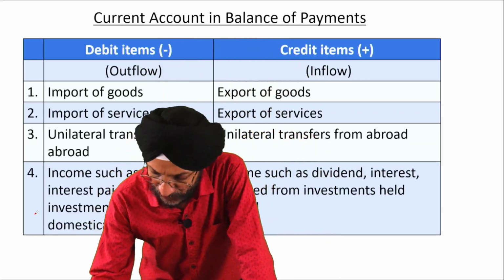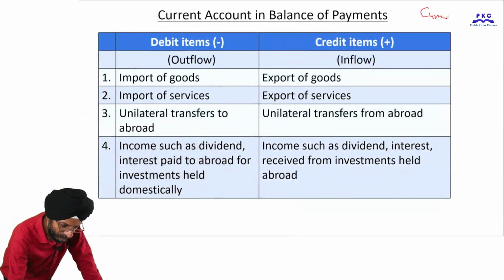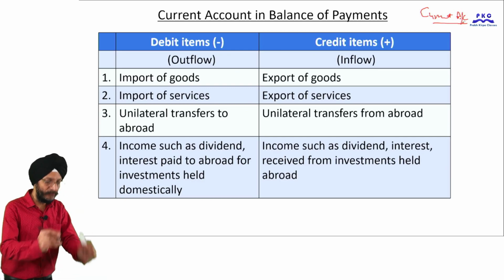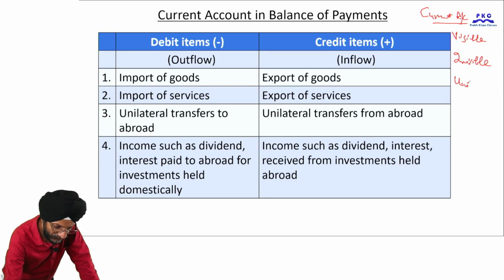In case of current account, we know that there are four components. First is visible items, then come invisible items, then come unilateral transfers, and the fourth is income from investments.